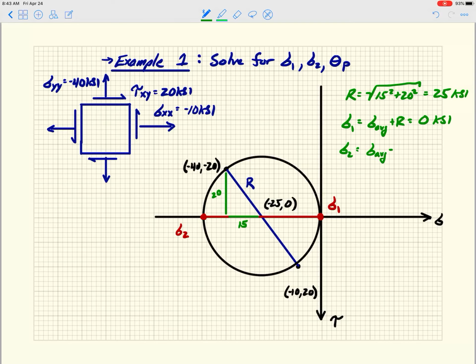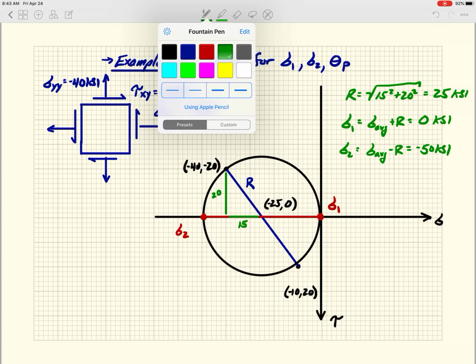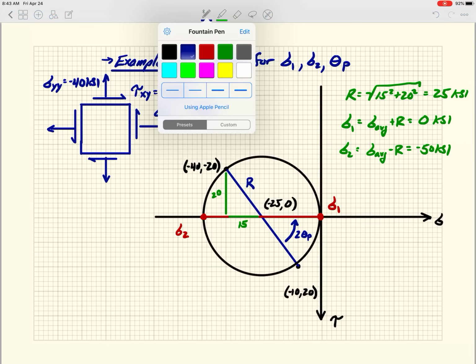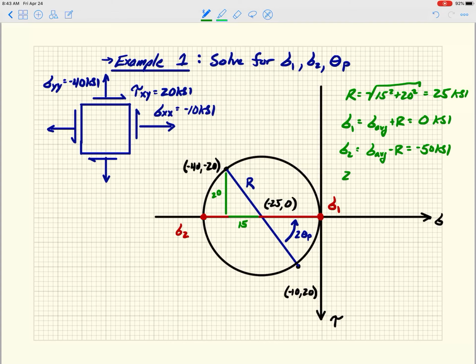Sigma 2 will be sigma average minus R, so that's minus 25 minus 25, which is going to be minus 50 KSI. And then if I want to know my theta p, that's this angle, so this is what we're going to call 2 theta p.